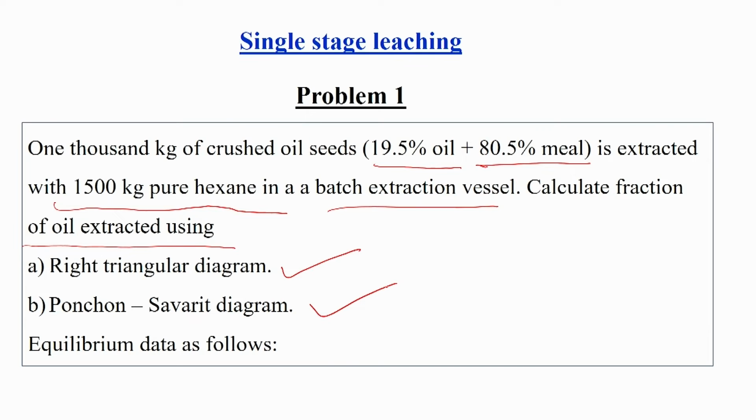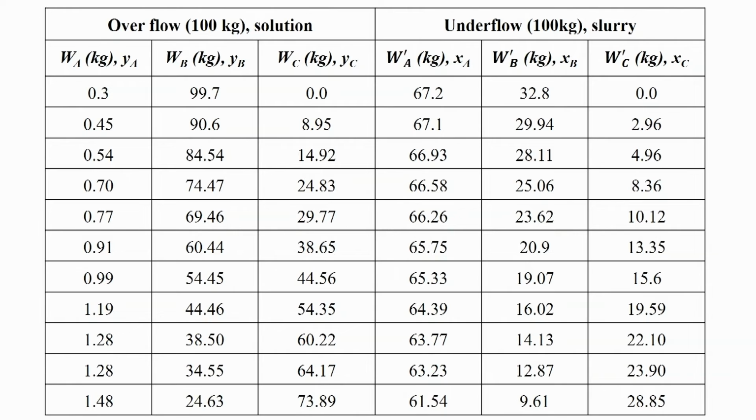We need to calculate the fraction of the oil extracted using the right triangular diagram and the Ponchon-Savarit diagram. For that, equilibrium data are given like this. Here it is expressed in terms of 100 kg, but whenever we put this in either the right triangular diagram or Ponchon-Savarit, we need to convert it into the corresponding x, y_b, y_c, or capital Y_c, capital Y_b.